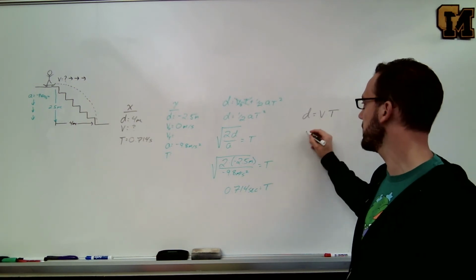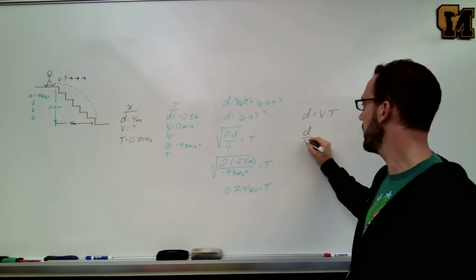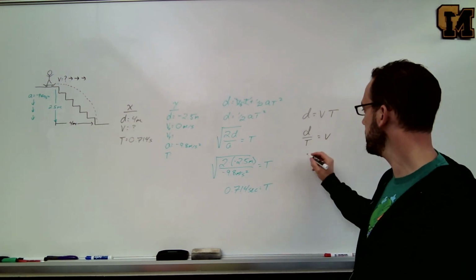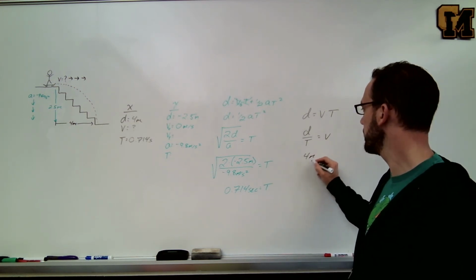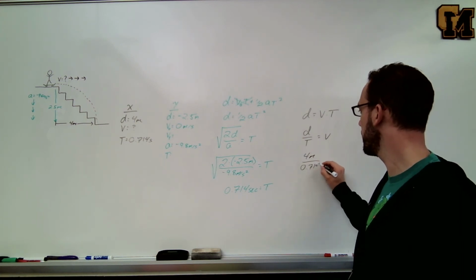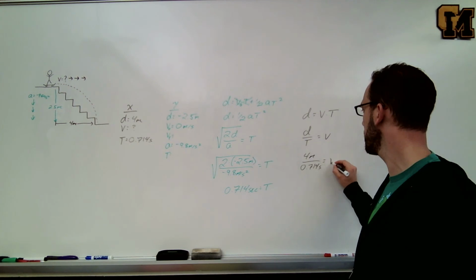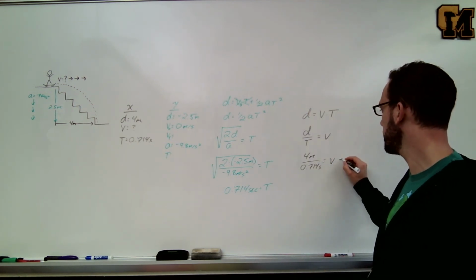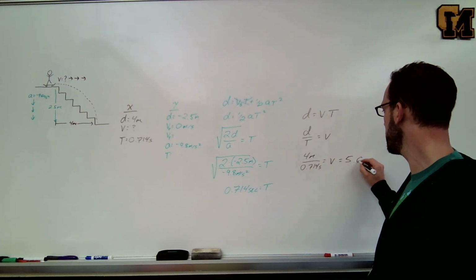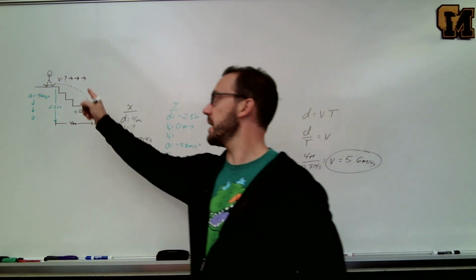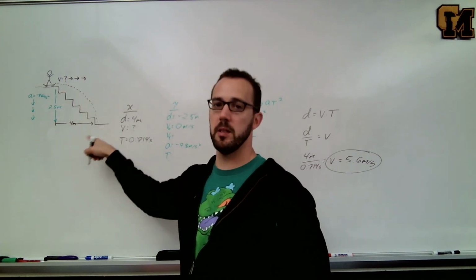So I have to divide time over, which means d over t equals velocity. The displacement is 4 meters, and the time is 0.714 seconds. And when I plug that into my calculator, I find a velocity of 5.6 meters per second in order to be fast enough to clear the steps and land safely.